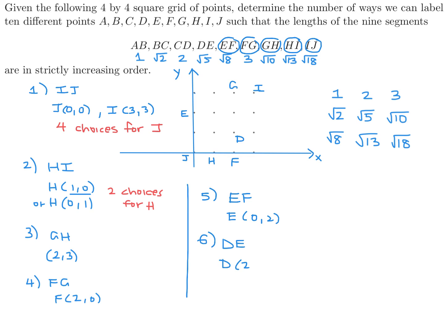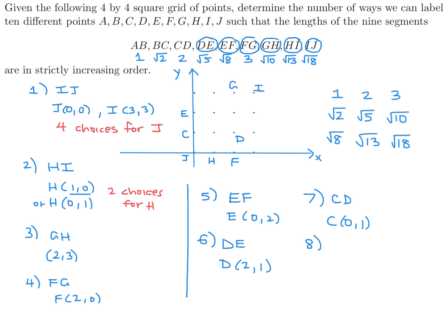So far, these are the only possible choices. It's not like I and H that had 2 choices or 4 choices. Okay, next one, we did DE, now CD. CD is equal to 2, right? So the only coordinates for C that will fit are 0, 1. So C goes here.